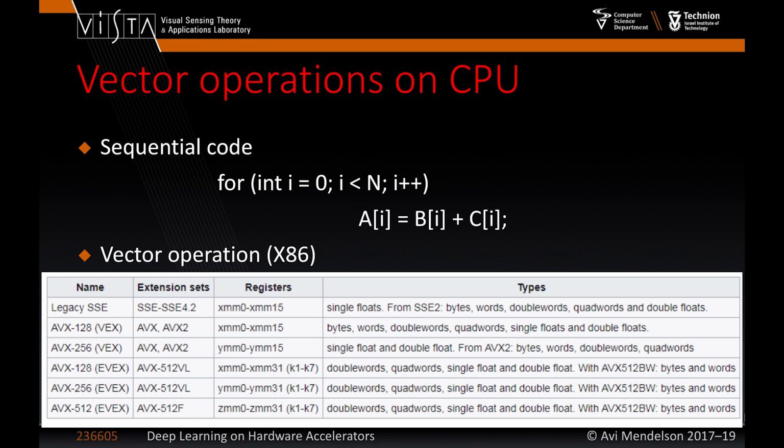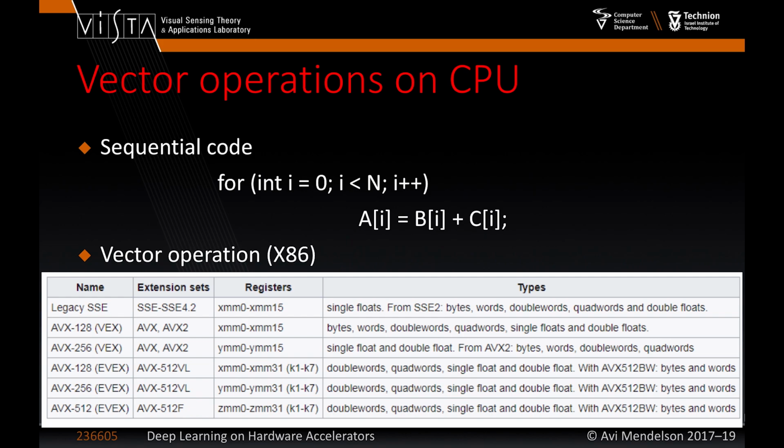In Intel, for example, you have a different instruction for each length. So you wonder how many instructions we need in order to support it. And the answer is a lot.